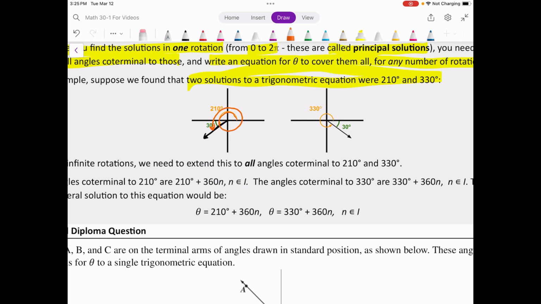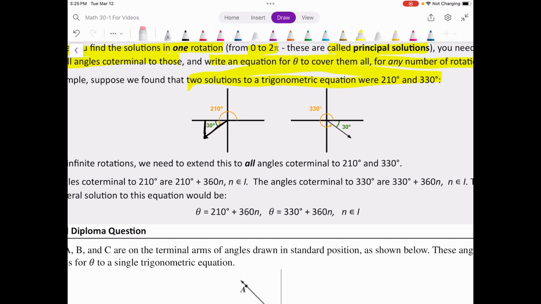We'll get an angle with the same terminal arm. It'll be coterminal. It's going to have the same ratios. It's got the same reference triangle, all that stuff. So like the sine of 210 is going to be the same as the sine of 210 plus 360, right? What is that? 570, right? Will also be a solution, okay?